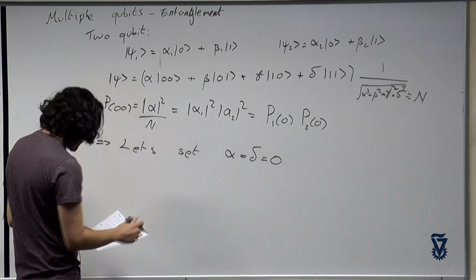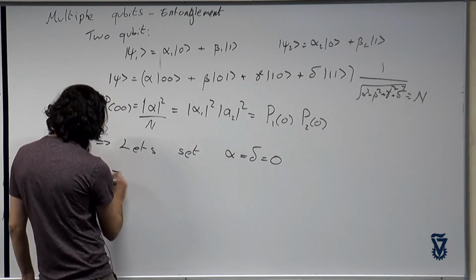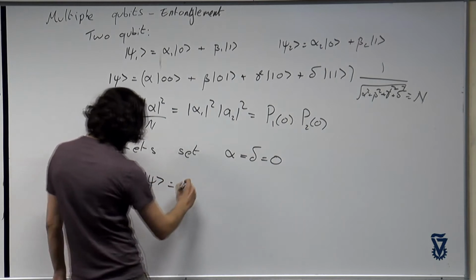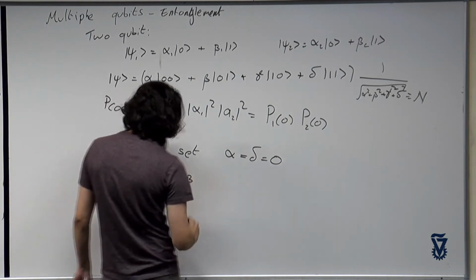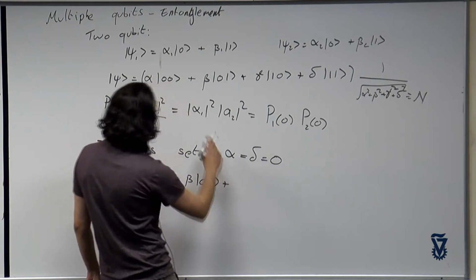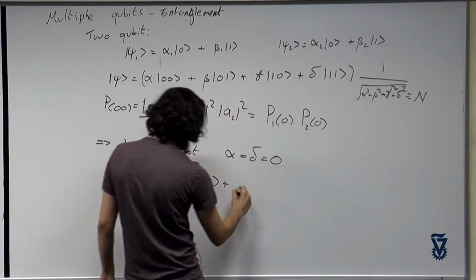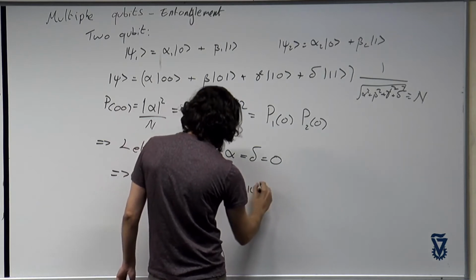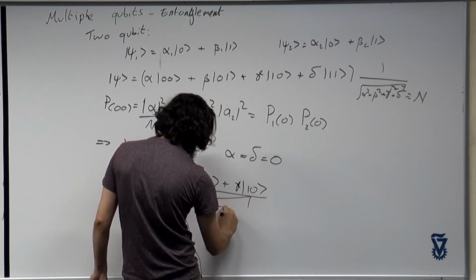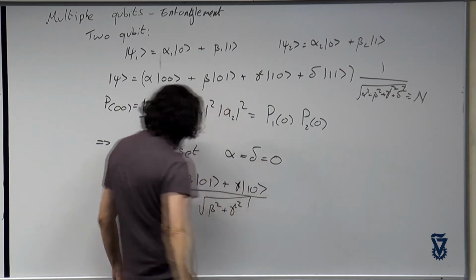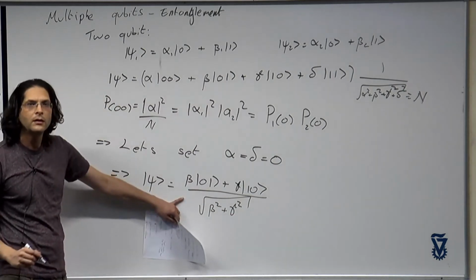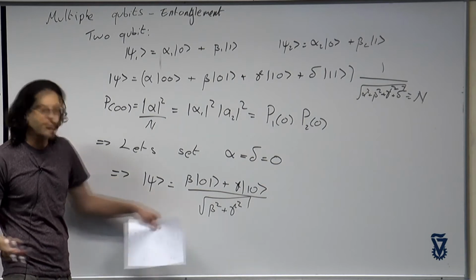If we do that, now our wave function psi is just going to be some beta |01> plus gamma |10>, with a normalization now of beta squared plus gamma squared. And now our two qubits are no longer separable.